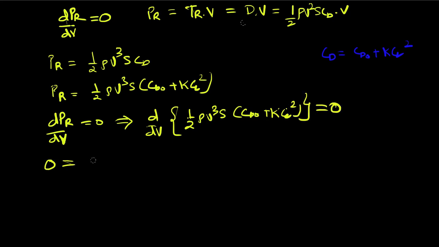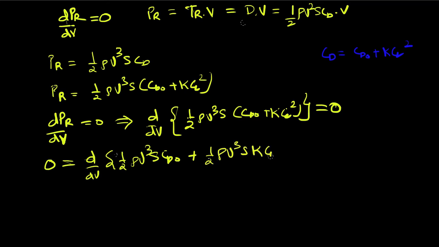Now this may be further written as d by dV of half rho V cube S CD naught plus half rho V cube S times k CL square. Now we know that for a steady level flight, L is equal to W is equal to half rho V square S CL. So from here we get CL is equal to 2W by rho V square S.